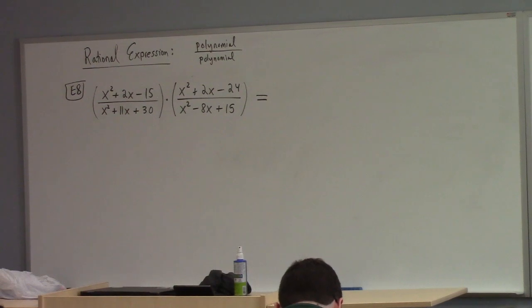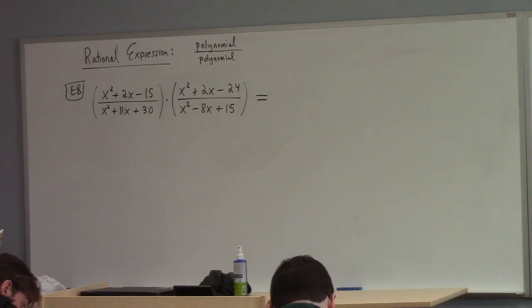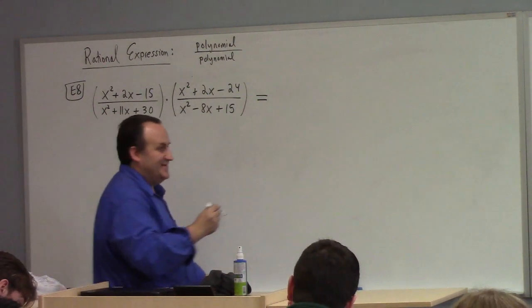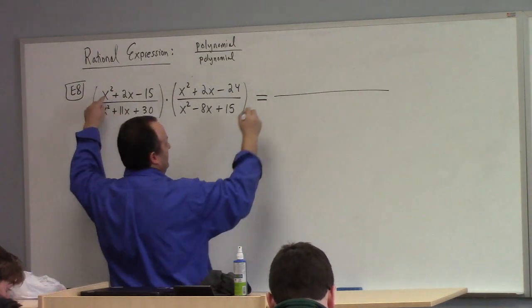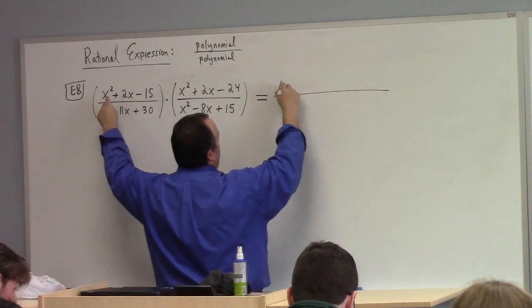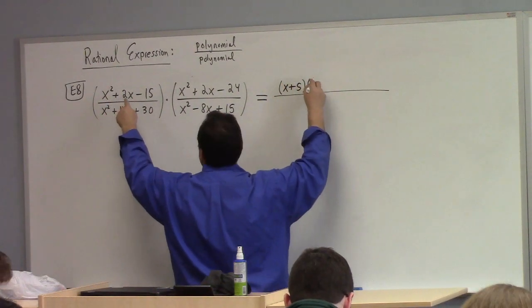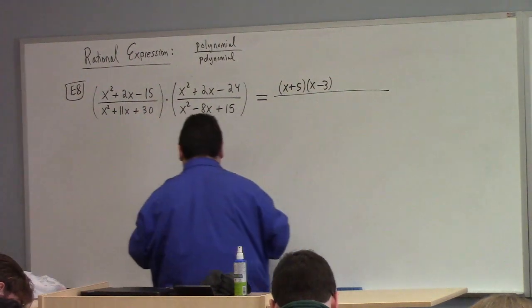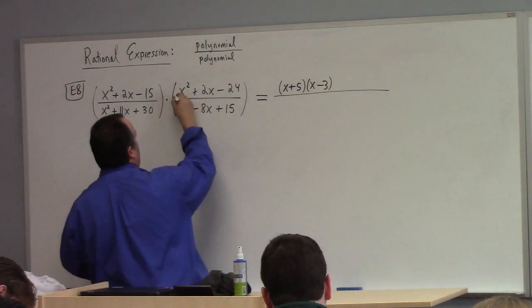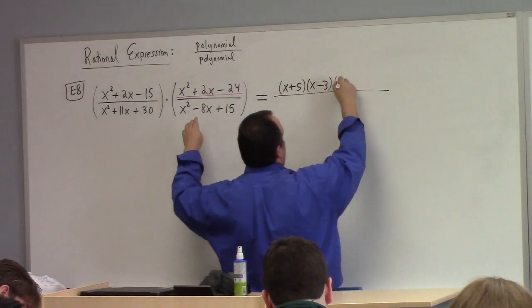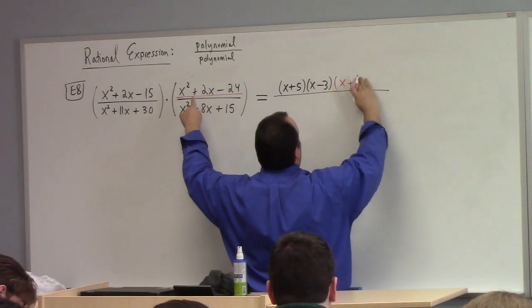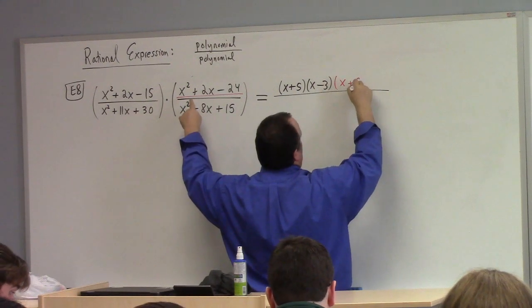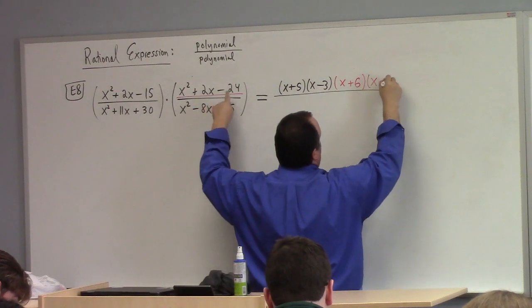So I think we need to factor everything, right? Look at this, four factoring problems all at once. It's fun, right? Let's see here. So the first one is x plus 5 times x minus 3. This guy right here is, wait a minute, no, x plus 6 times x minus 4, I believe.